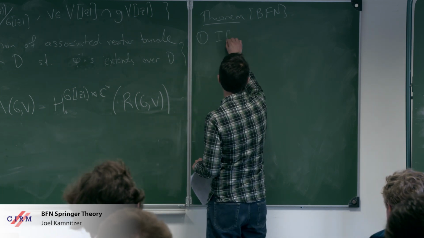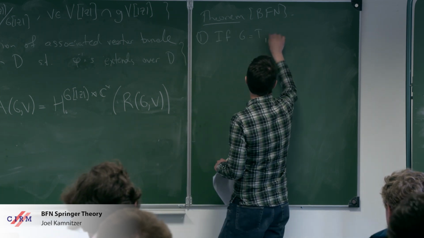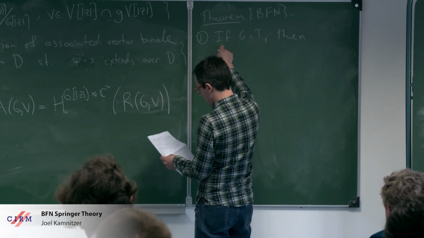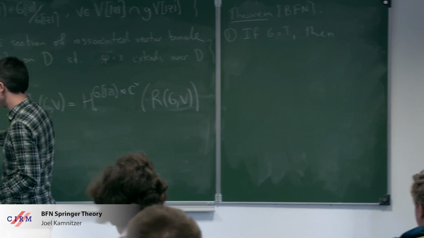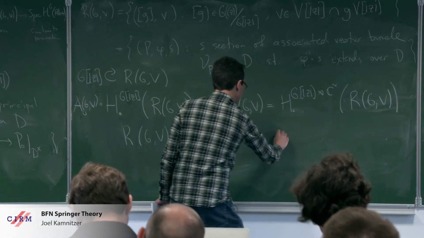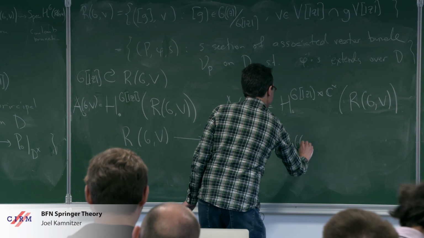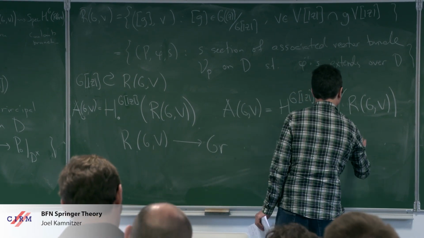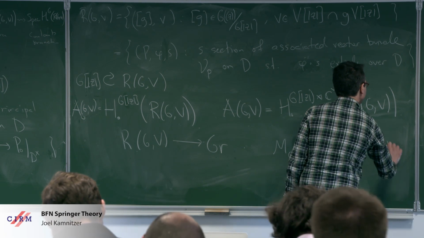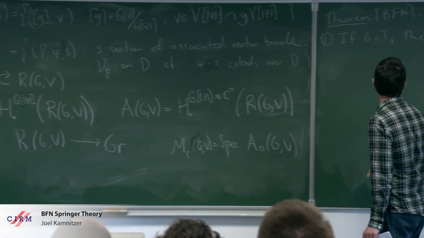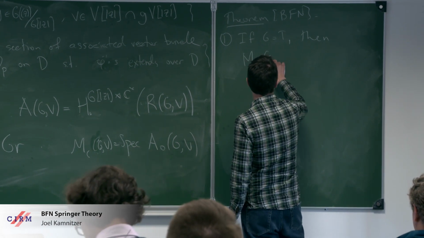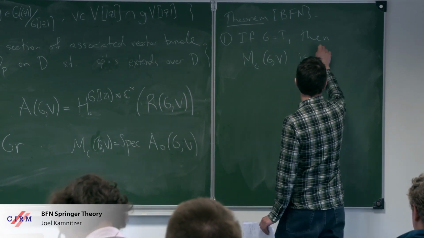So one case would be if G is a torus, then the space you get this way is the Coulomb branch. So the Coulomb branch, I didn't say it maybe explicitly, the Coulomb branch MC of G, V is the spec of this algebra A0. So if G is a torus, then this MC of G, V is the dual hypertoric variety.